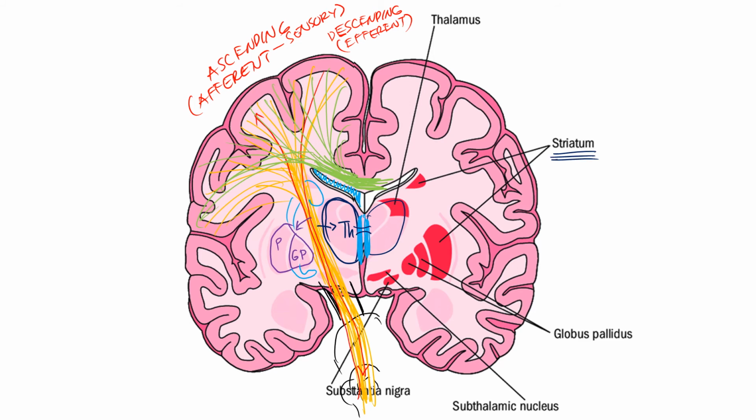Your striatum is basically a connection between the head of your caudate nuclei and your globus pallidus. Okay? And you can see that the globus pallidus has two subcomponents. We're going to discuss that in the section on basal ganglia. It's an advanced topic, so don't worry about it for now.